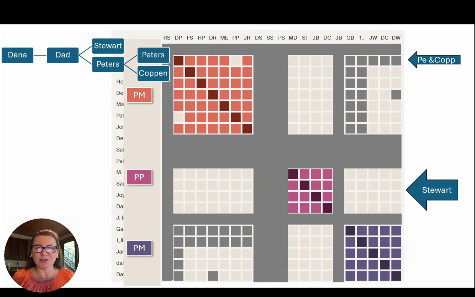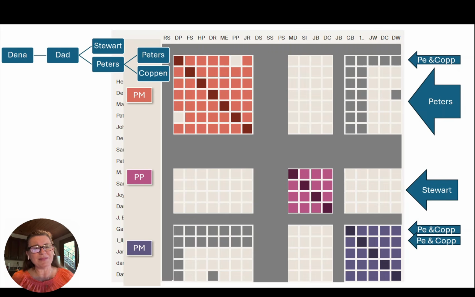And so this first match is a Peters and a Kopenberger. So this would be one of my dad's first cousins that's sharing both of his grandparents, the Peters and the Kopenberger. And then we have 2 more that are basically going across the page. And then at the top, the rest of that melon cluster is Peters, and the rest of the purple cluster is Kopenberger. So this is what I figured out on my matches.